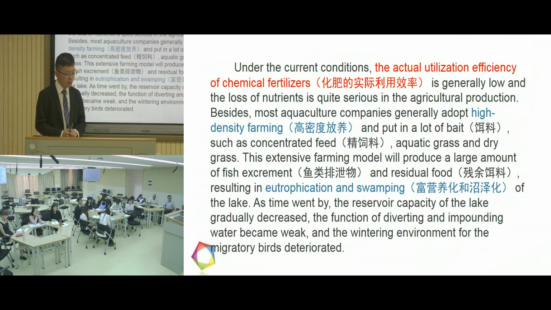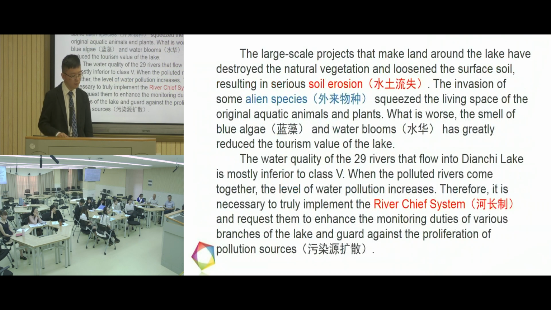As time went by, the reservoir capacity of the lake gradually decreased, and the function of diverting and impounding water became weak. And finally, the wintering environment for the migratory birds deteriorated.